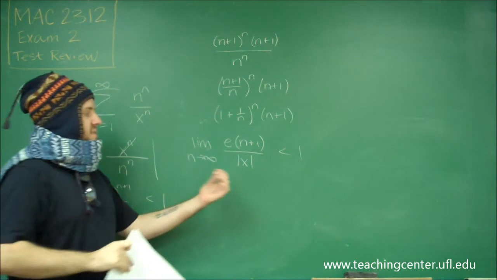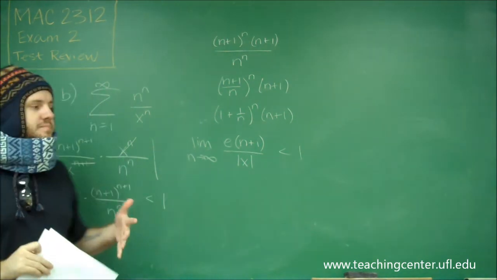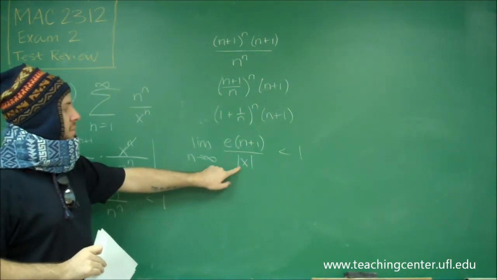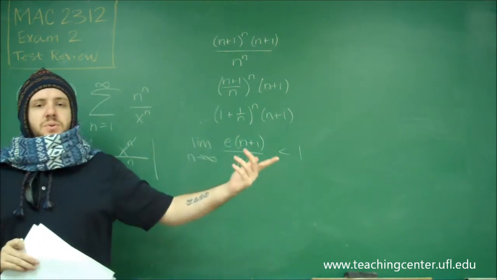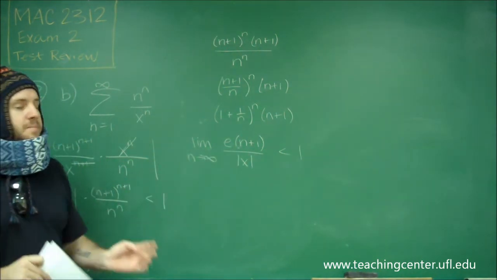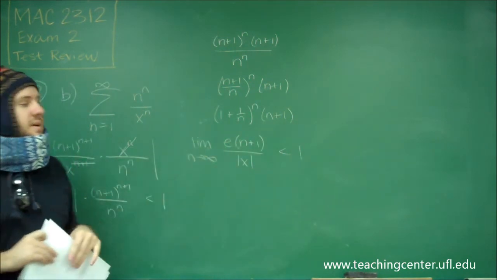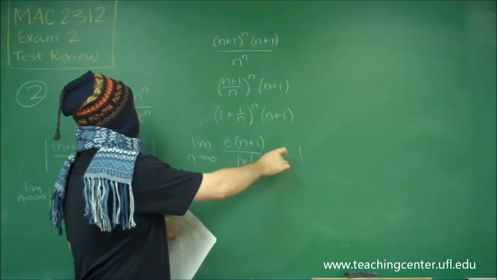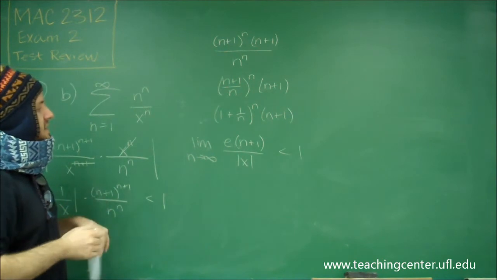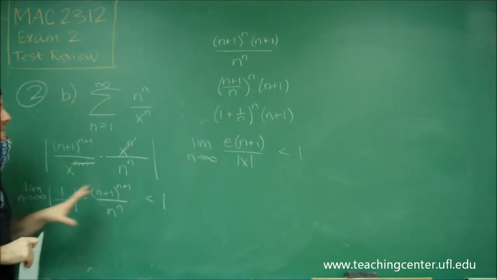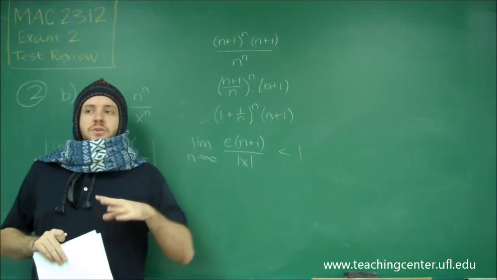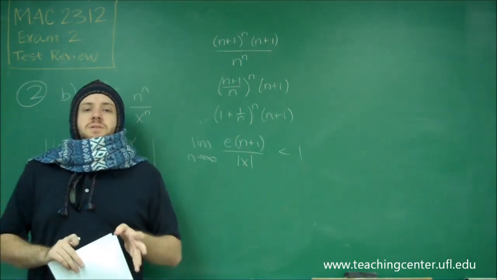Well, you can see here, since x has to be some finite number, no matter what number you choose here, this limit is going to go to infinity, because the n is always going to infinity. So any x you choose, this is going to be false, because there's no way this can be less than 1. So remember, in these problems, x is essentially a constant that you're trying to find the restrictions on.